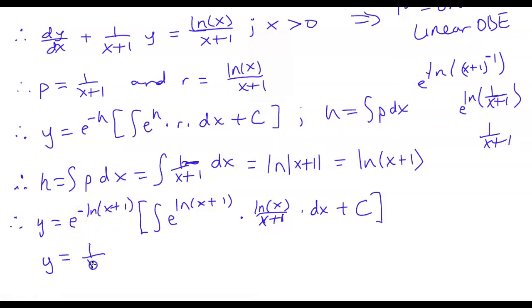So that is what belongs here. e raised to the natural log of x plus 1 would just be x plus 1, and that multiplied times natural log of x over x plus 1 times dx, all that will reduce to 1. And then we add the plus c.